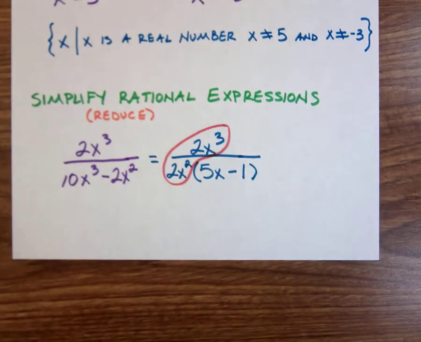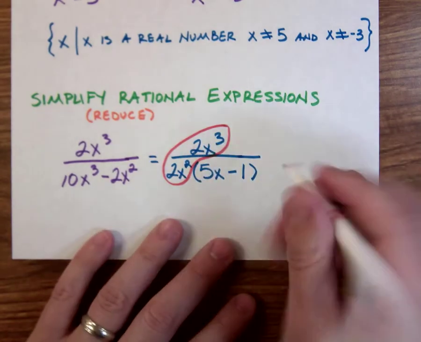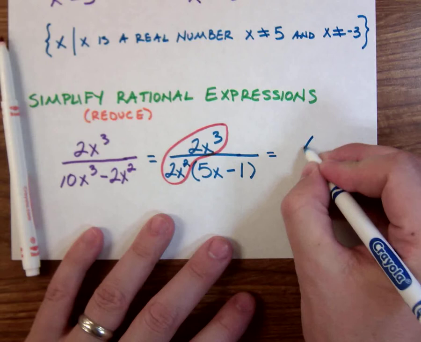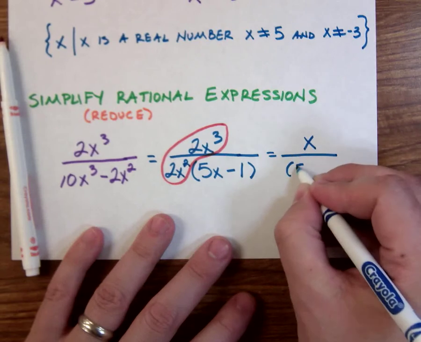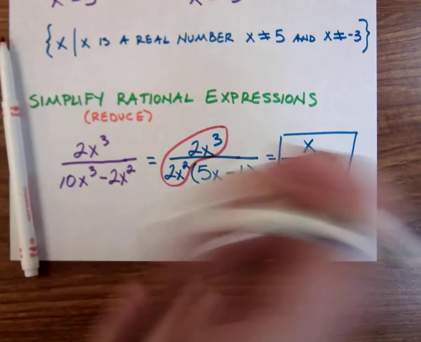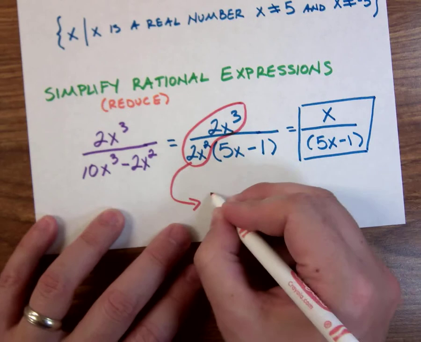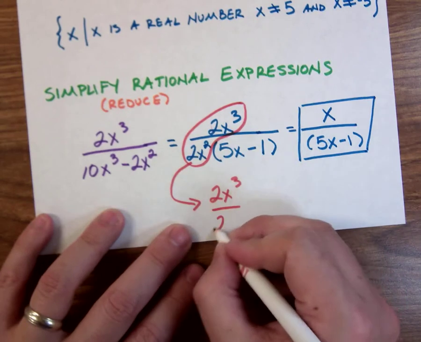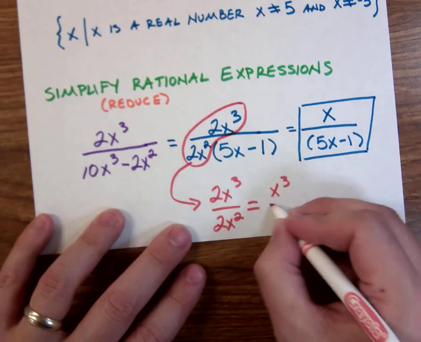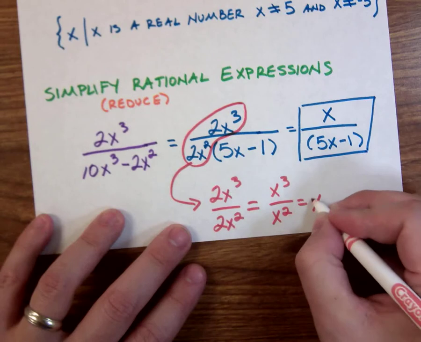Can that reduce? Yes, 2 over 2 would be 1, and then x cubed over x squared is x. So on the top, I'm left with x, and on the bottom, I'm left with 5x minus 1. And that's because 2x cubed over 2x squared reduces: 2 over 2 cancels, and I'm left with x cubed over x squared, which is just x.